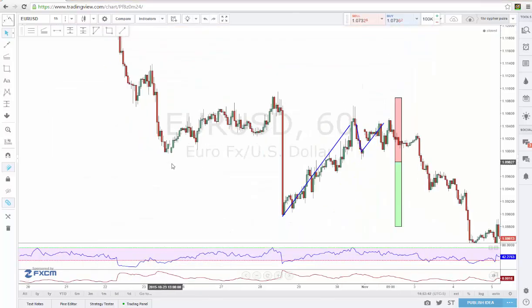Just an example of another testable trading strategy would be something like this. As we can see, the market's breaking into lower lows. We can see that it broke this previous structure level here. And what we could do here is create some kind of trend following strategy. So we broke below, closed below this previous swing low right here.